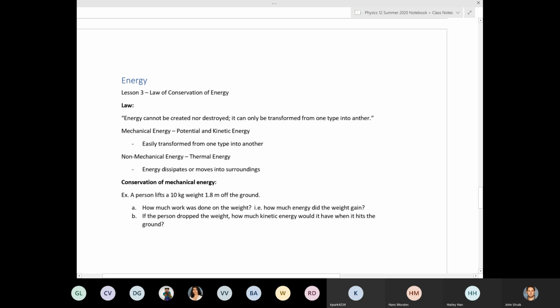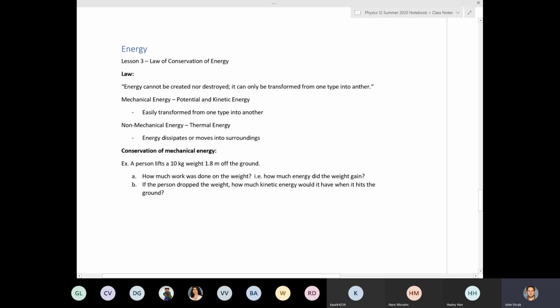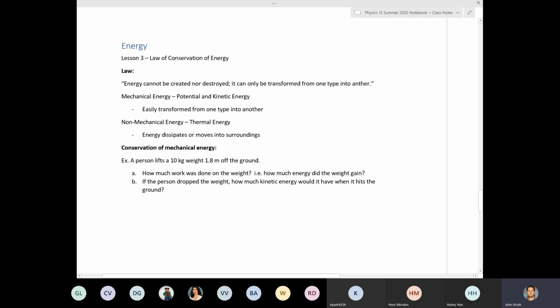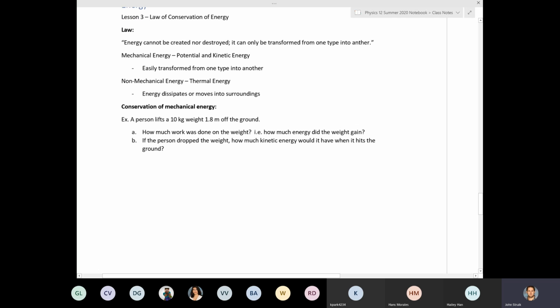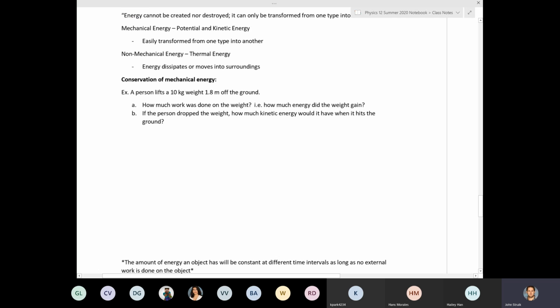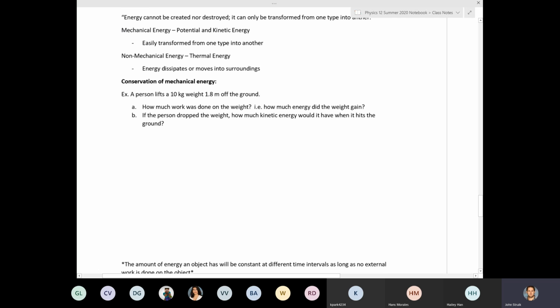So first off, let's look at just some examples. A person lifts a 10 kilogram weight 1.8 meters off the ground. How much work was done on the weight? So how much energy did the weight gain? In this case, this is just a work question where something's being lifted. The weight is originally on the ground and then it's being lifted up.